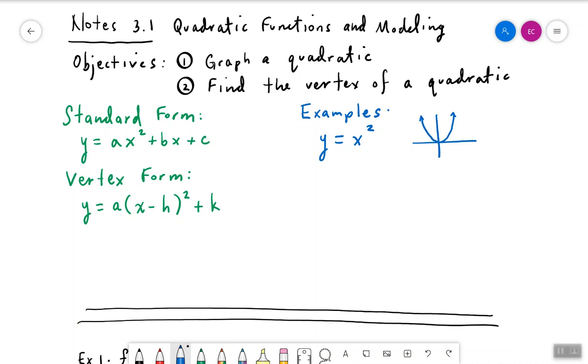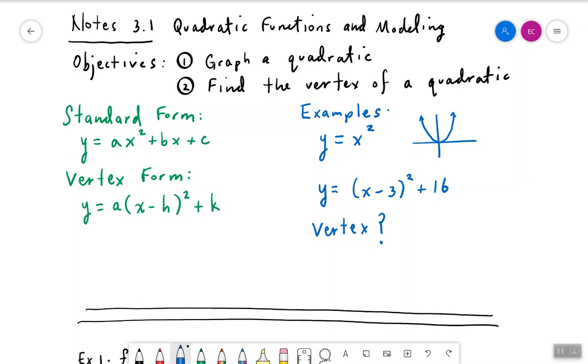And the next example I want to look at is y equals x minus 3 squared plus 16. And specifically, what I'd like to figure out is where is the vertex this time.